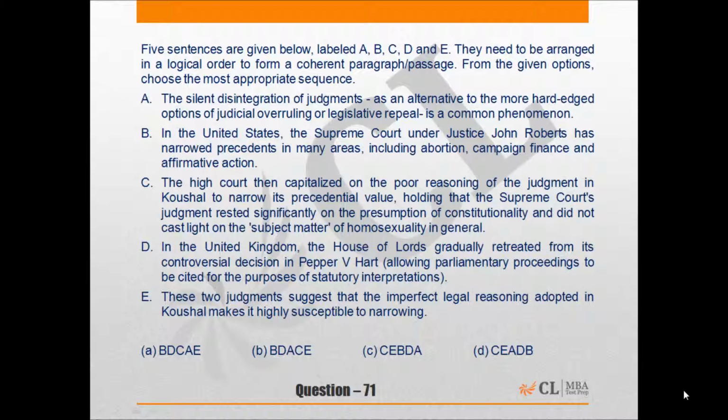Let us look at the options. None of the options have either BDE or DBE. So these cannot be the two judgments that statement E is referring to.